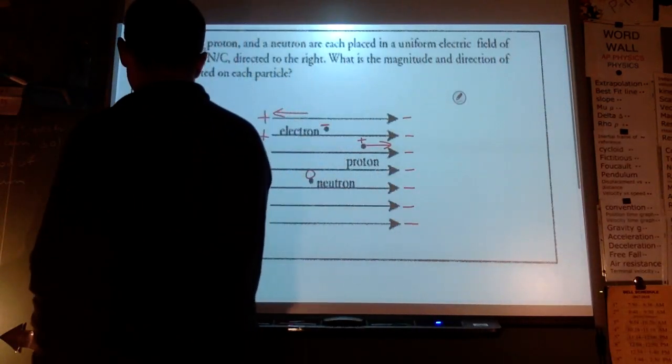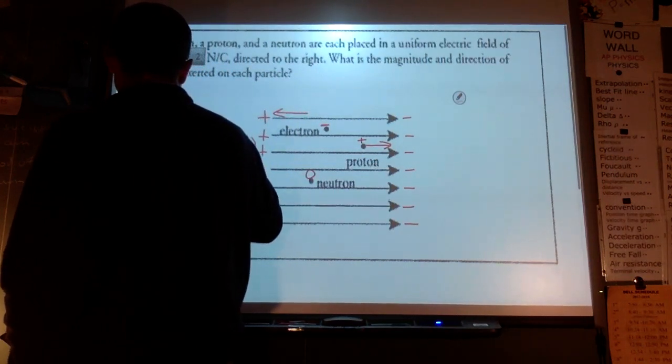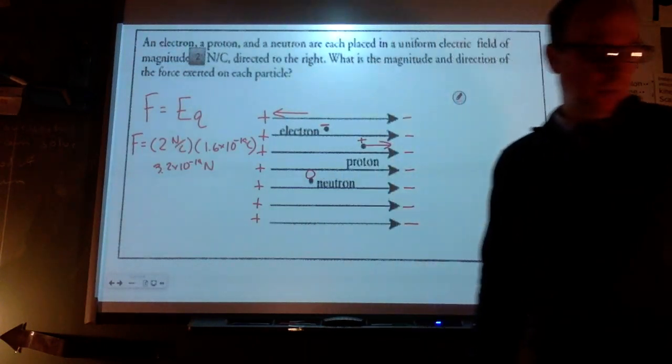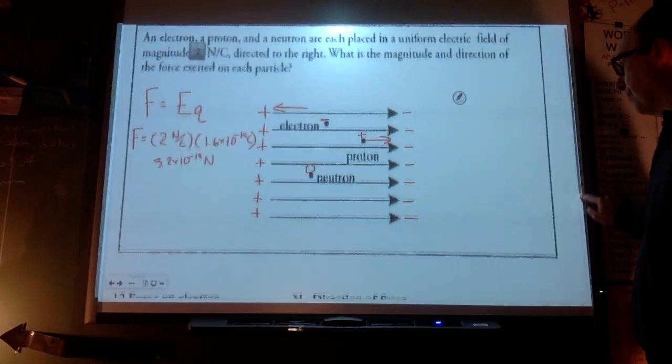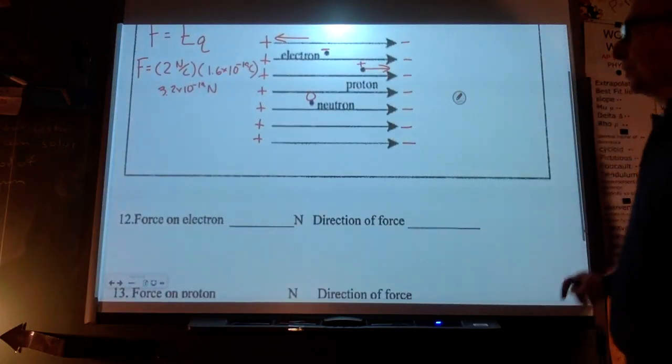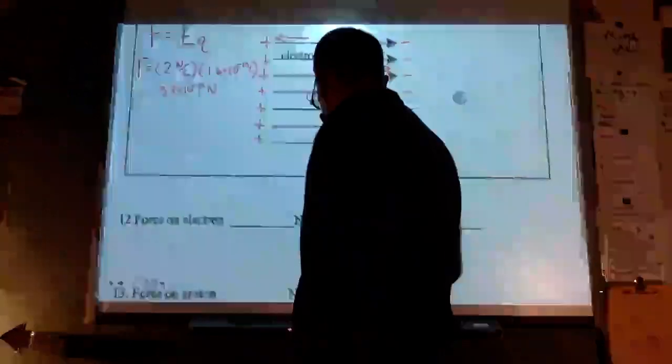So for each one of them, they're going to feel a force that's 3.2 times 10 to the negative 19.